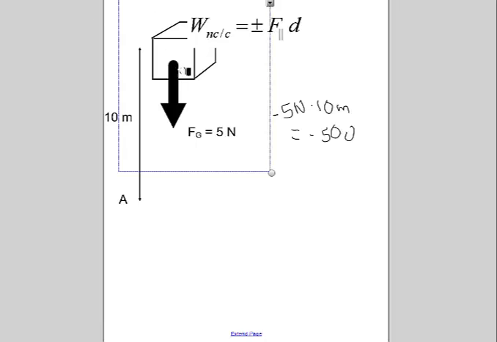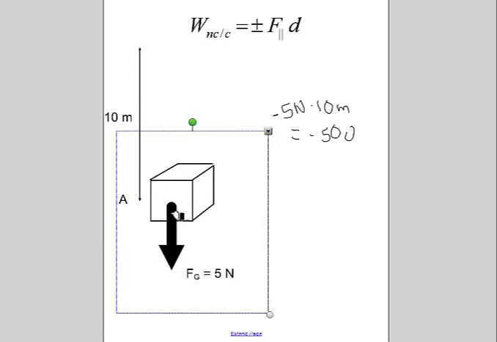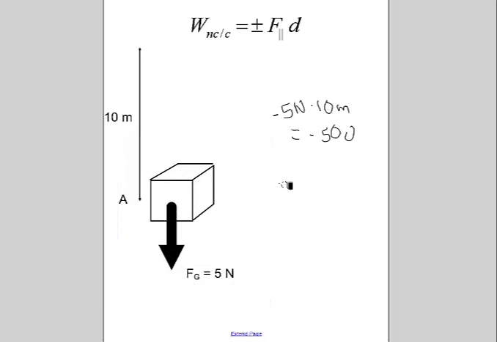But then we're going to imagine a second leg of the journey where the box returns to its starting point. There in that second leg of the journey, it was a 5 Newton force acting over a distance of 10 meters. But on the second leg, the force was in the same direction of motion.